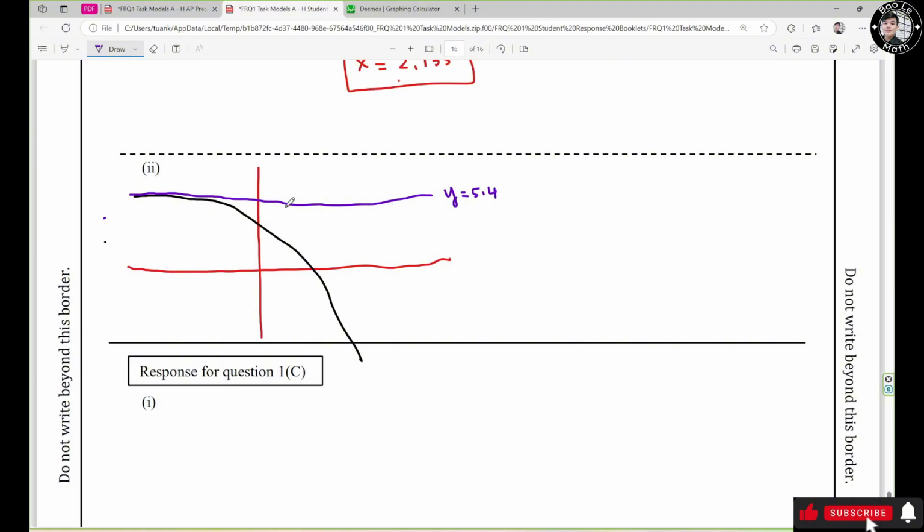Now, when s decreases without bound, which means s goes to negative infinity, the function goes up and gets closer to the horizontal asymptote 5.4. It never passes y equals 5.4. So you have the limit of the function g of s as s approaches negative infinity equals 5.4.